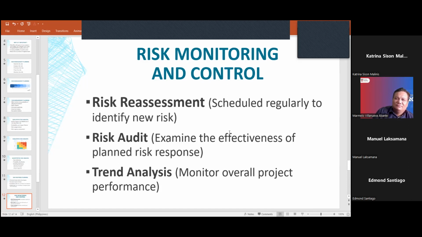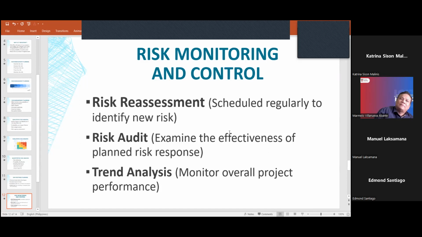And the risk audit, so we need to examine the effectiveness of the planned risk response. In terms of our monitoring and control, as we give the solution for that kind of risk, we need to make sure of its effectiveness.